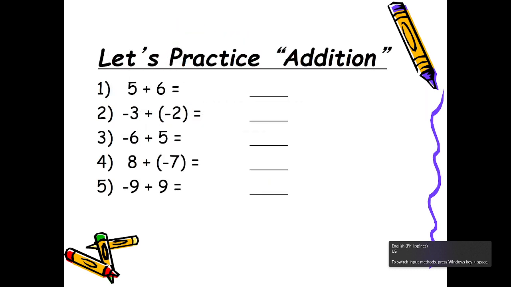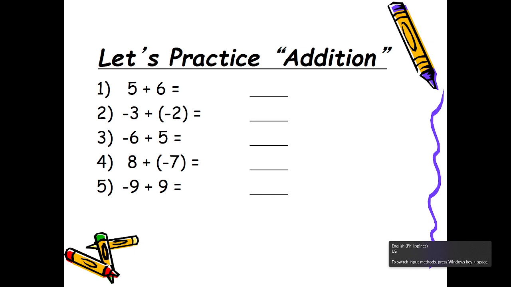Now let's have a quick practice, okay? For my blind and visually impaired followers, I'm going to read to you the given. Now the direction is add the given numbers. Okay, for number 1, positive 5 plus positive 6. Number 2, negative 3 plus negative 2.